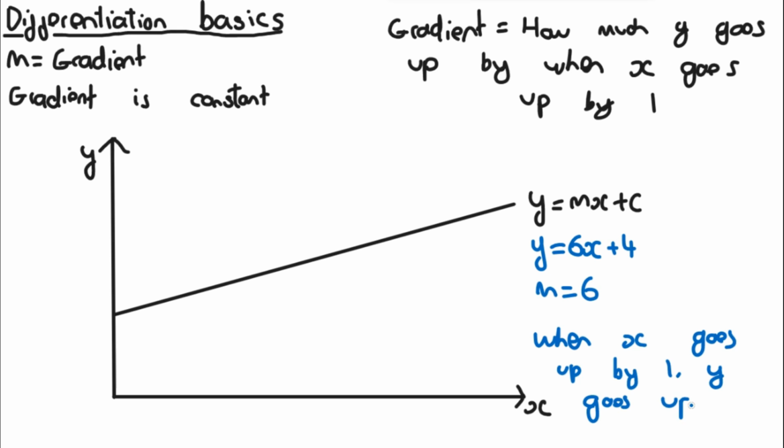But the key thing to take away from this is that the straight line has a constant gradient, and this makes sense if you think about it, because no matter where you are on the line, for this specific equation, if you go up 1 by x, you're going to go up 6 by y. Another way to think about the gradient is the slope, and hopefully you can see for a straight line, the slope is the same throughout the whole line.